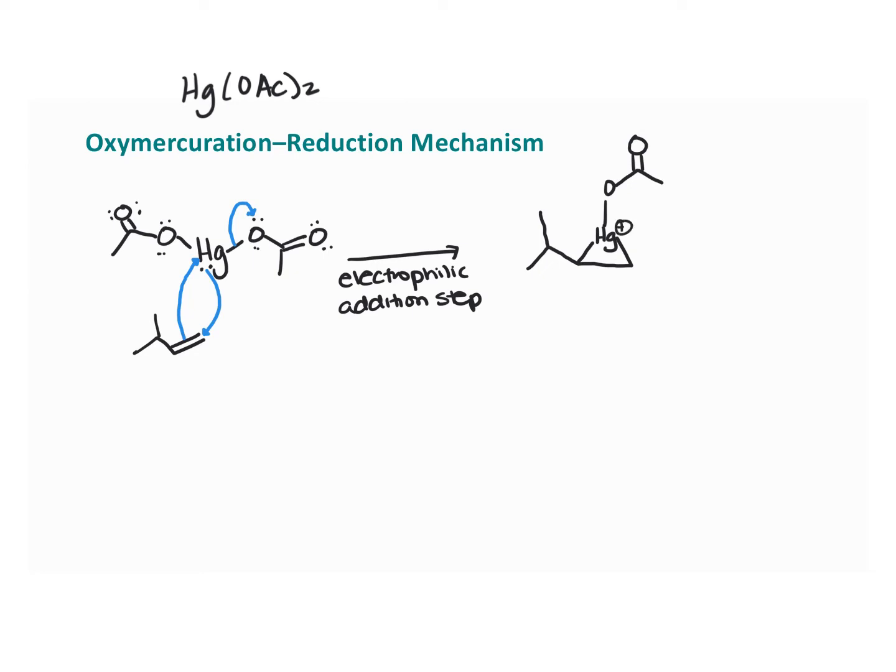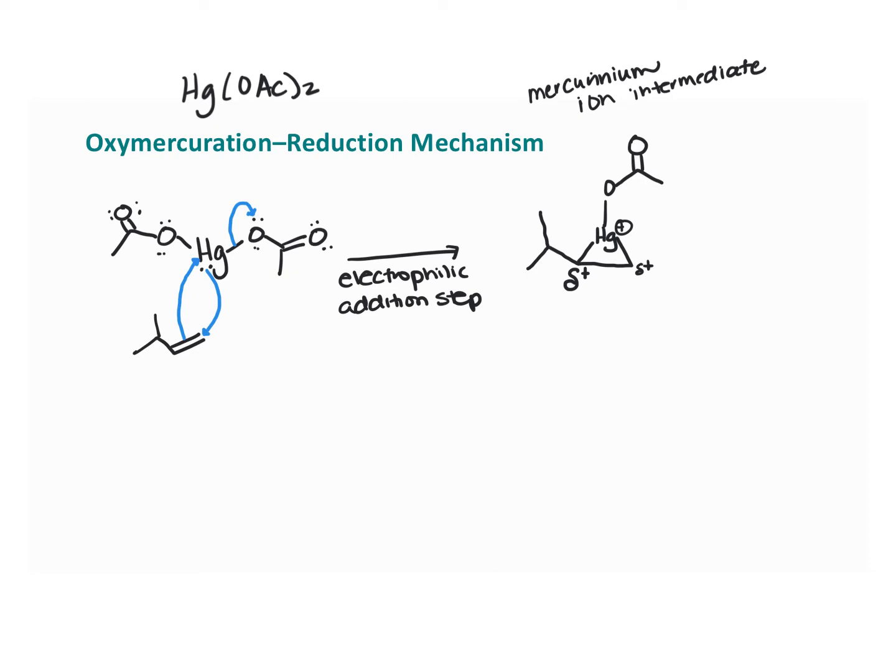Okay. Now, this is called a mercurinium ion intermediate. It's such a hard word for me to say, so I really have to think when I pronounce it, right? But so we get this intermediate, and one of the things to be aware of is that this side of the ring here bears a larger partial positive charge than this side of the ring there.